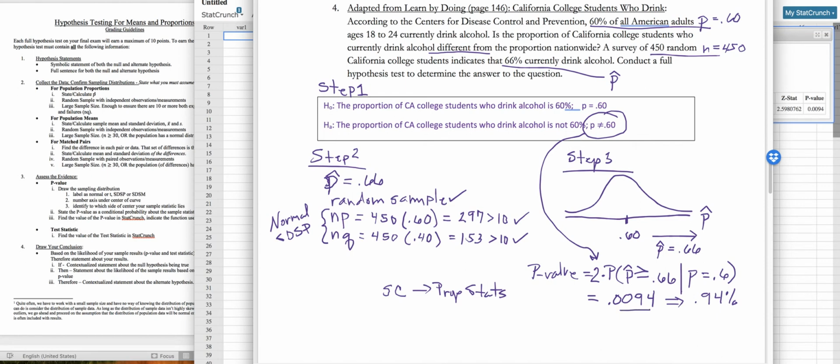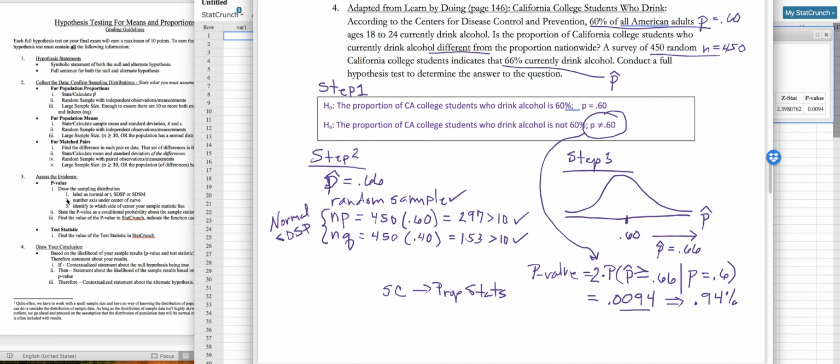The p-value is 0.0094. It's a probability. We know we can interpret a probability as a percent of how often something would happen. So that's where I got that.